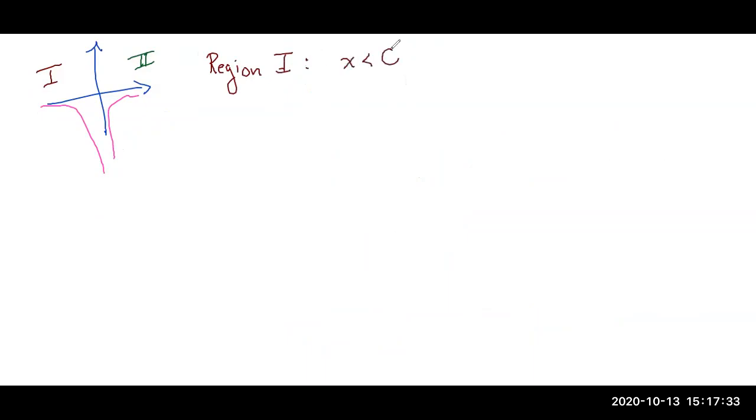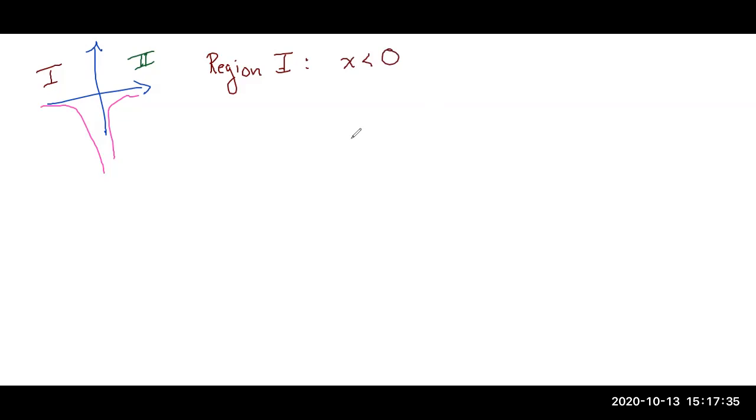All right, let's look back at our potential again. This picture is getting worse and worse. Region 1, region 2. So region 1, x less than 0.